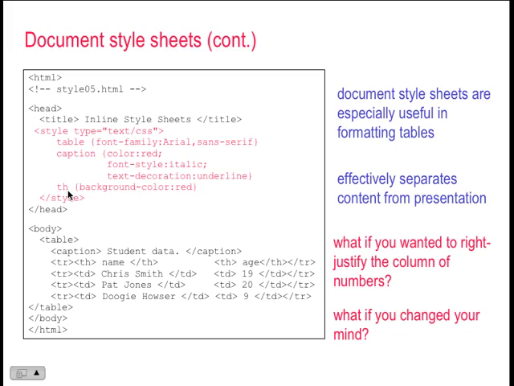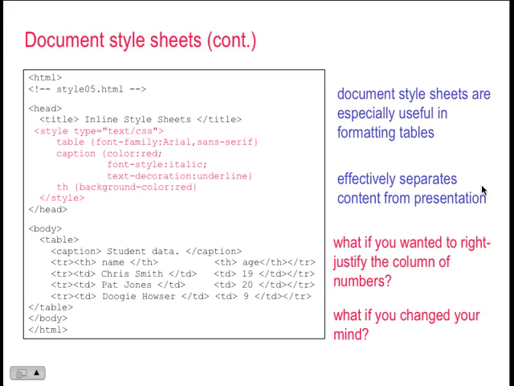TH, if you remember from last week, is table header. Background dash color is going to be red. Inside the table tag, we have the caption and the TH attributes that we're setting. We're setting the style in terms of the property value for each of those attributes. So we're just setting styles for attributes, so that when we use the attribute, we get a certain effect that actually shows up.